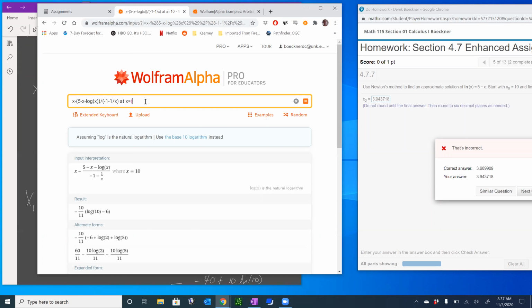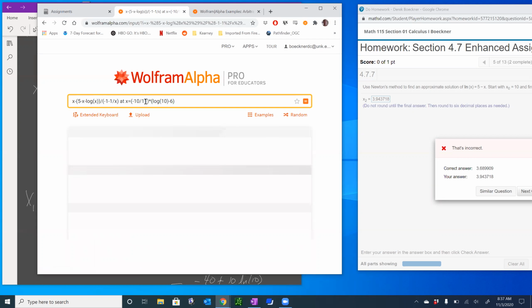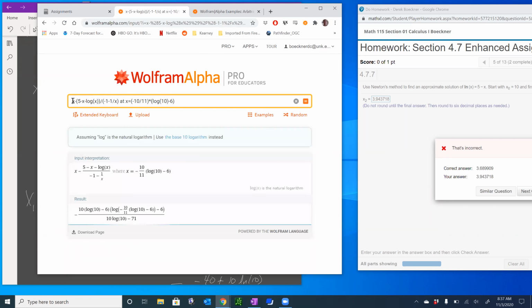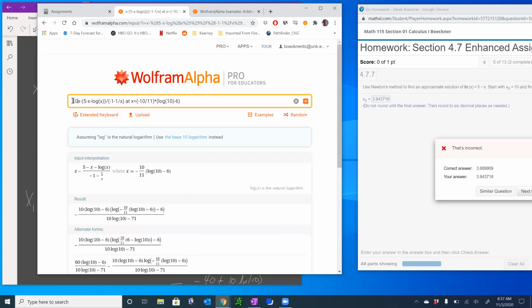Okay, and now we get to plug in minus 10 over 11 times log of 10 minus 6. We want 10 digits of this.